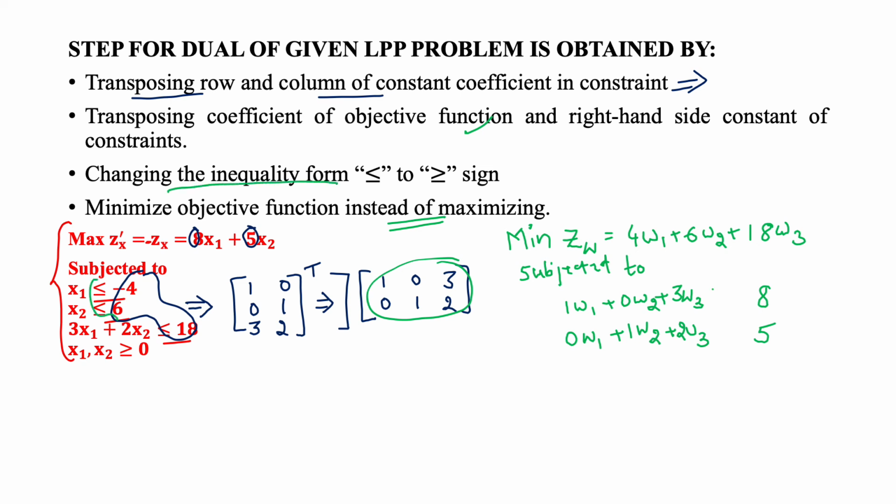So the constraint equations will be in greater than or equals to form, the objective function is in minimized form, and the variables W1, W2, W3 are all non-negative, that is, their values will be greater than or equal to 0.